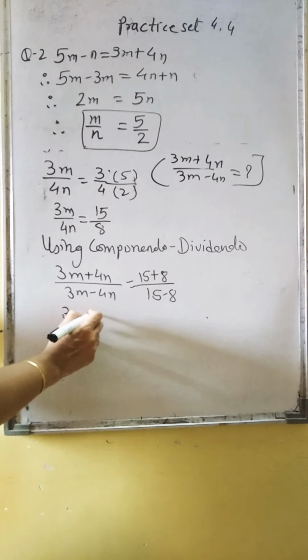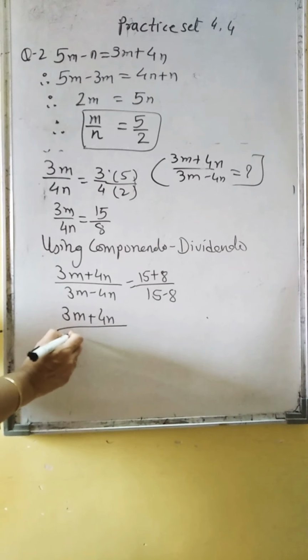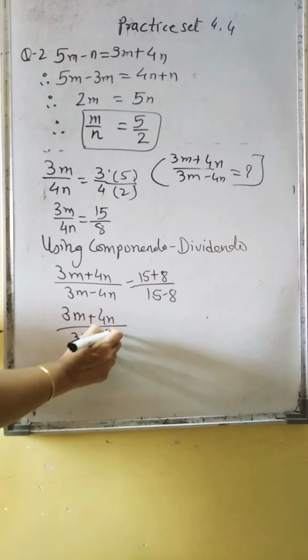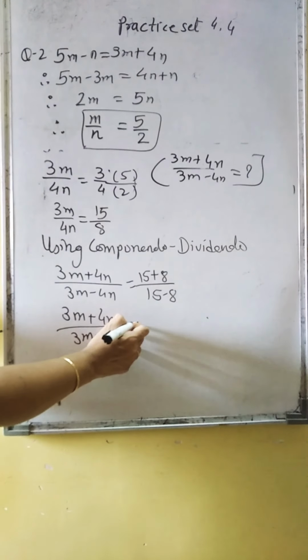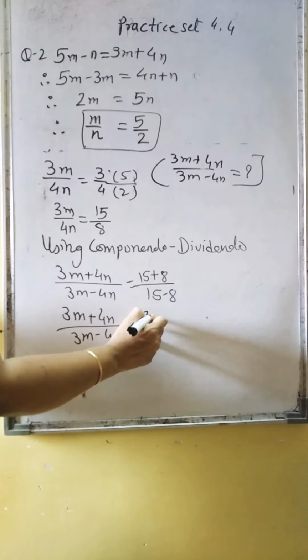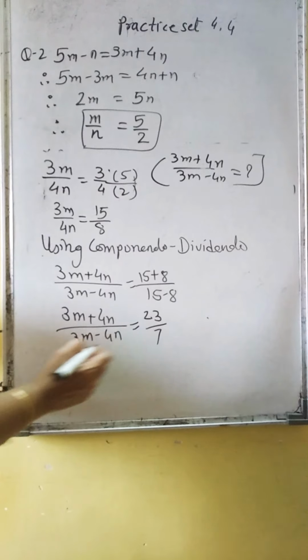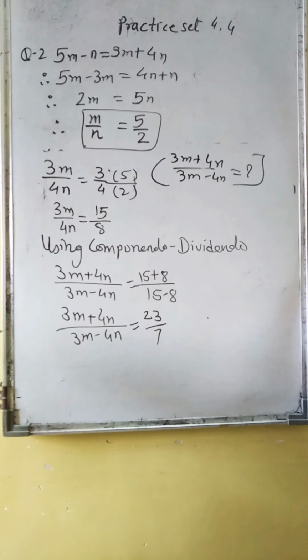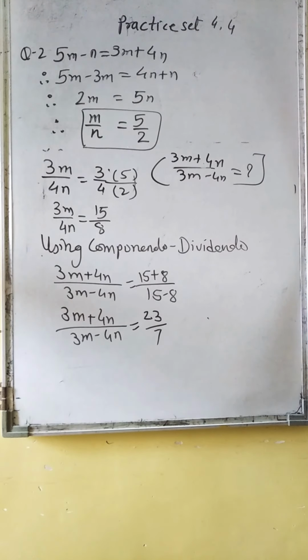So 3m plus 4n upon 3m minus 4n is equal to 23 upon 7. Clear?